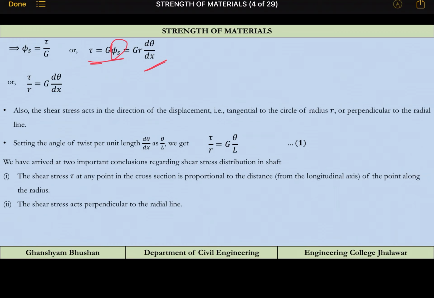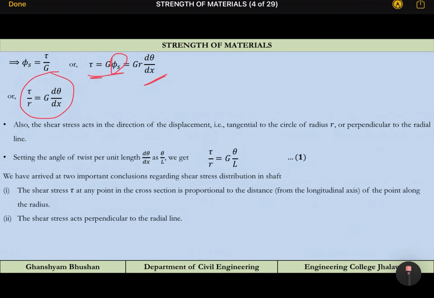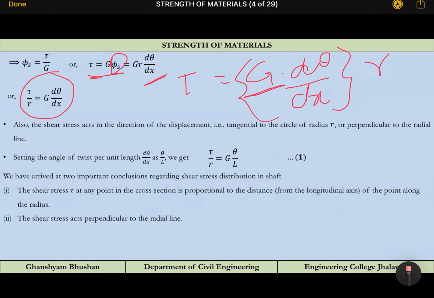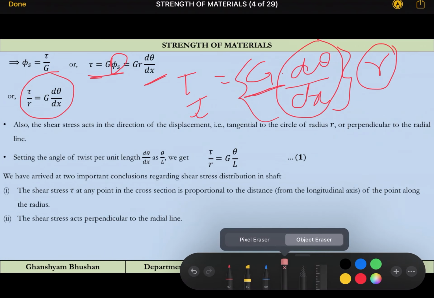So we have a relationship where tau is nothing but G into d theta by dx into r. G is constant, and d theta by dx, the angle of twist per unit length, will also be constant. So tau will become proportional to r. It is a linear variation with respect to r that we are going to see, but just now I have given you some idea of this.